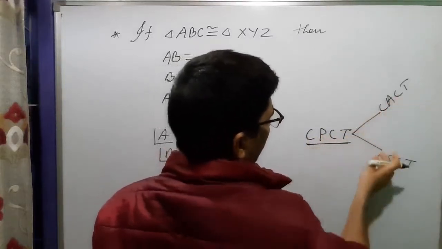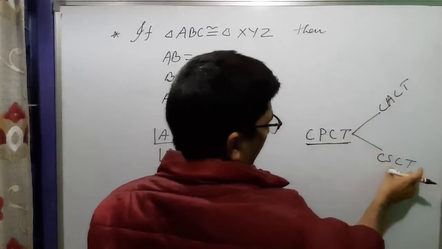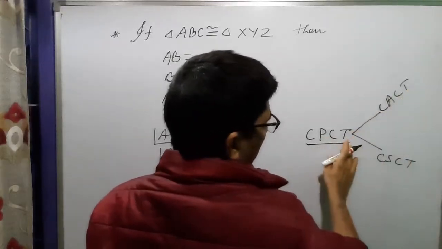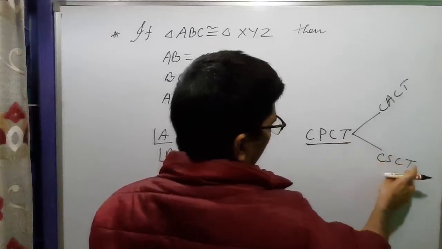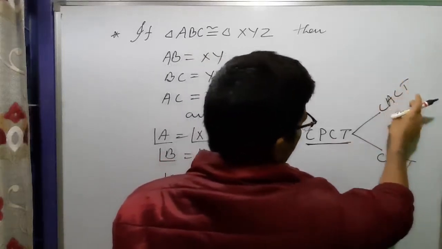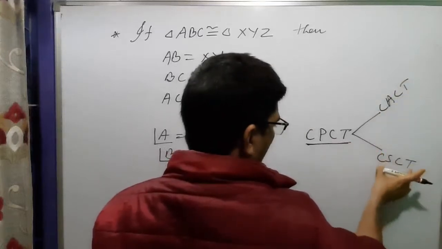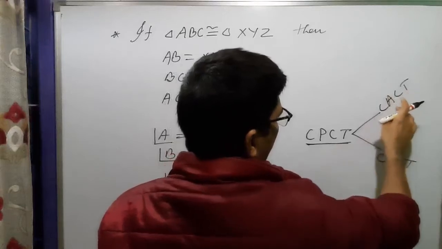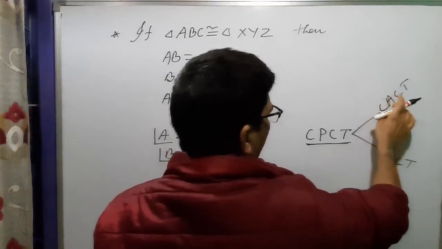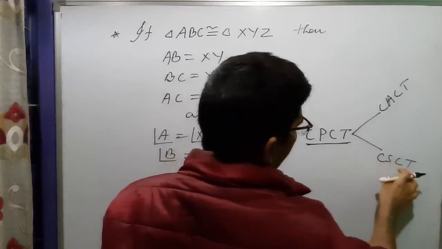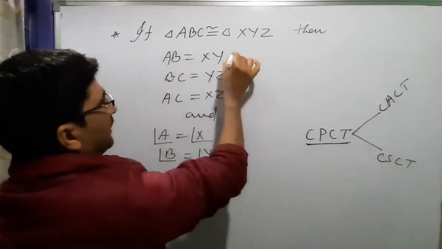One is CACT, another one is CSCT. CACT is corresponding angles of congruent triangles, and CSCT is corresponding sides of congruent triangles. It will be better if in place of angles you write CACT, and in place of sides you write CSCT.